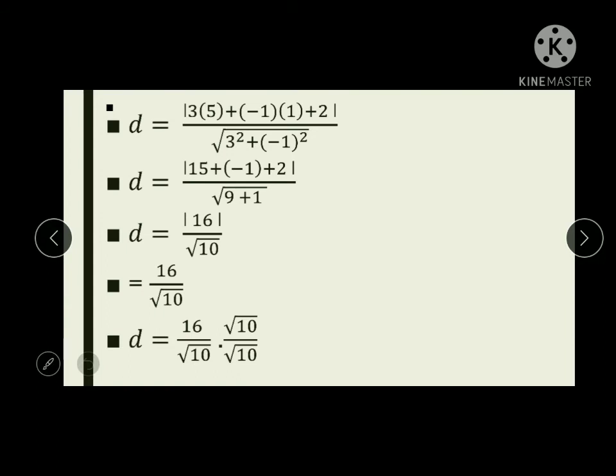Lahat ng values natin is substitute lang natin sa formula.